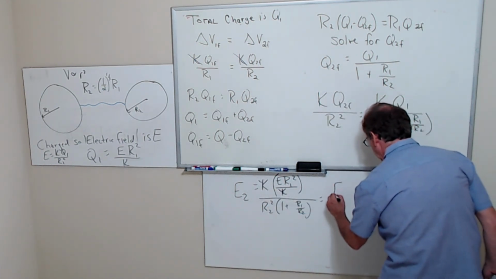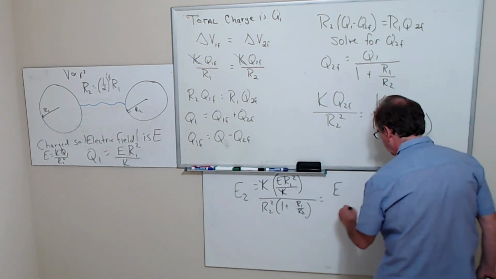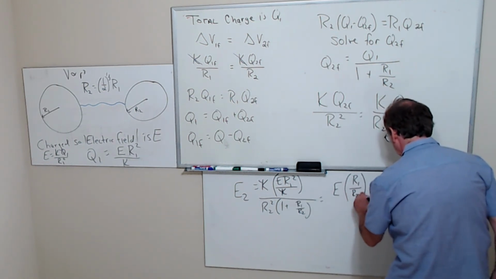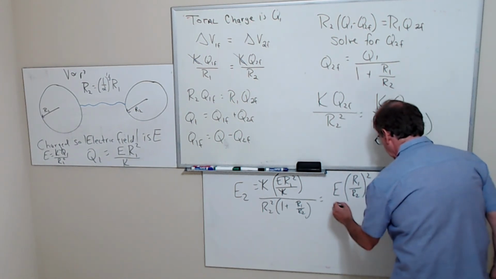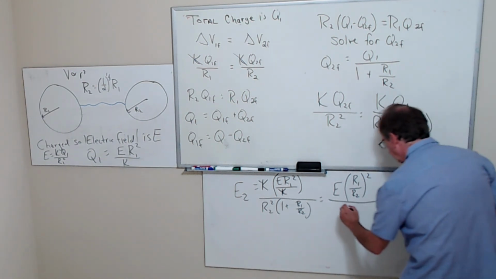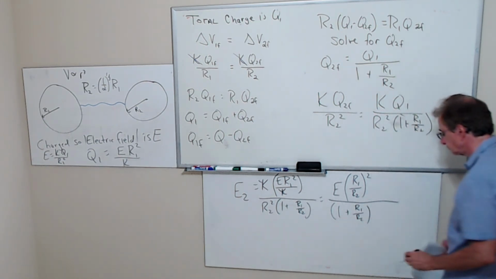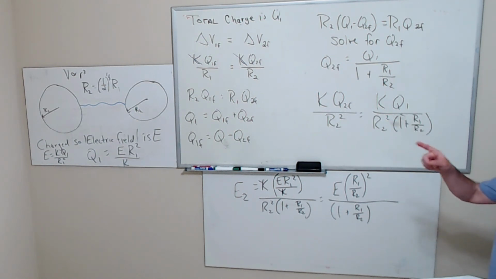So I get E times R1 over R2 squared, divided by 1 plus R1 over R2. So the last thing then is to plug in what R2 is.